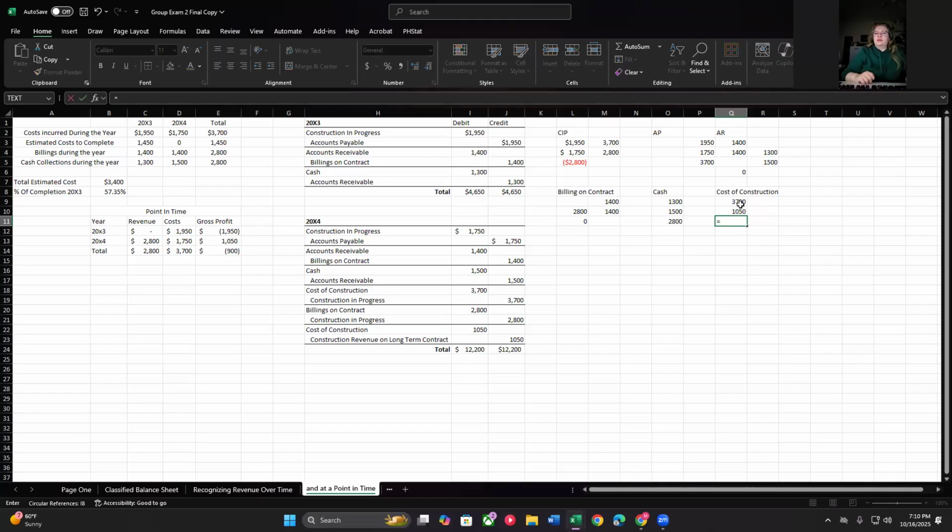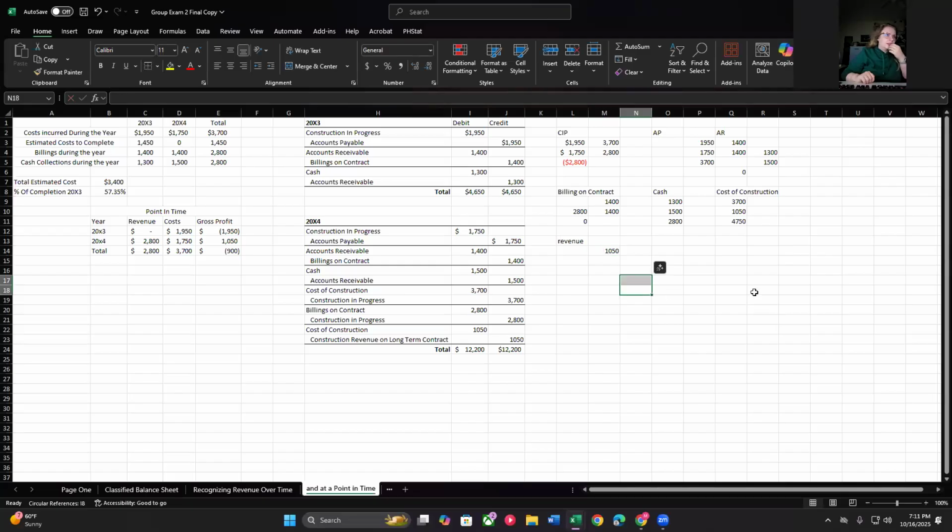I think the last one needs to be a 3-line, but I'm not exactly sure how. Because she has a 3-line on the other one for construction in progress, cost of construction, and revenues. Then she has another one for billings and construction in progress, where she closes the rest of it. Well, this is confusing to look at because it goes across differently.